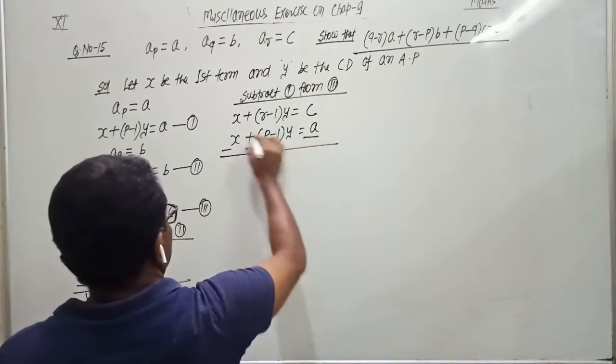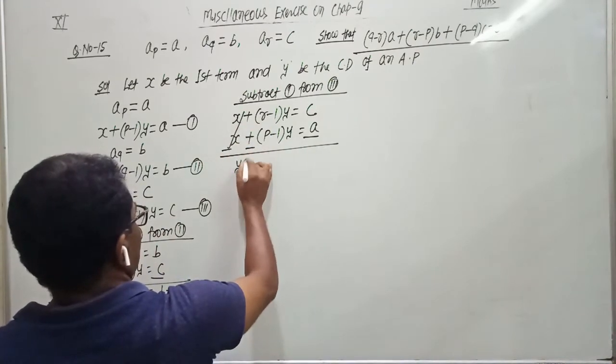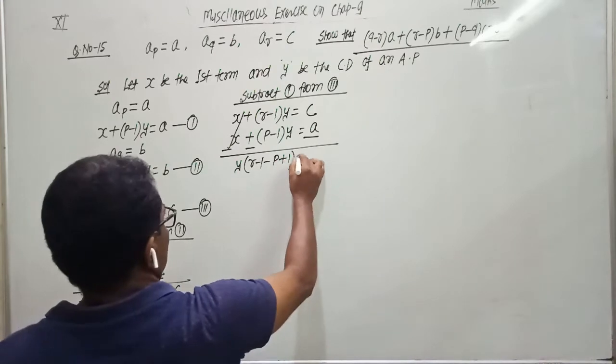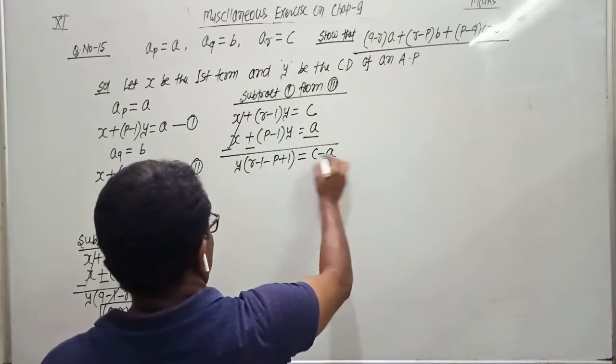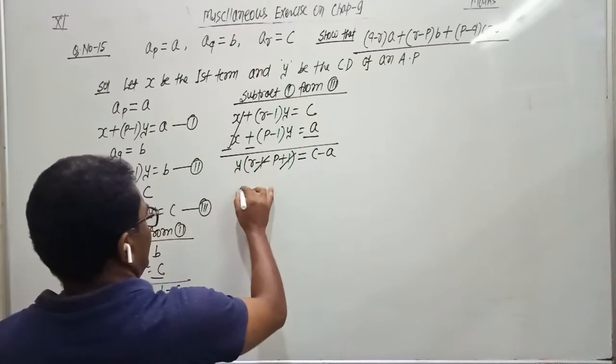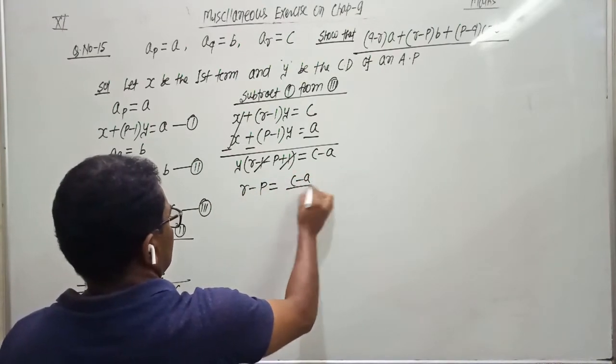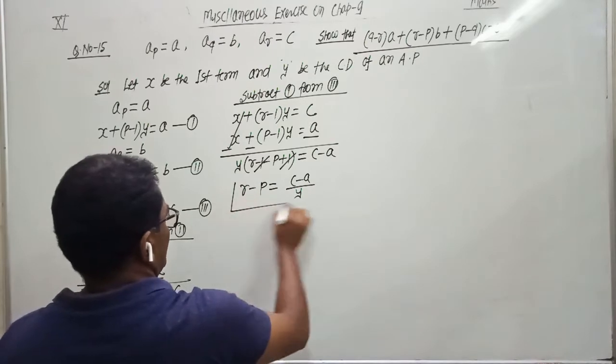Then the sign is changed, y taken common, r minus 1 minus p plus 1 equals c minus a. And we get the value of r minus p equals (c minus a) upon y.